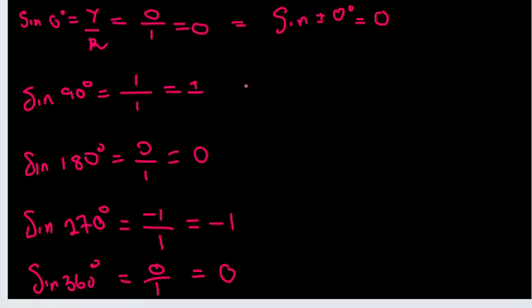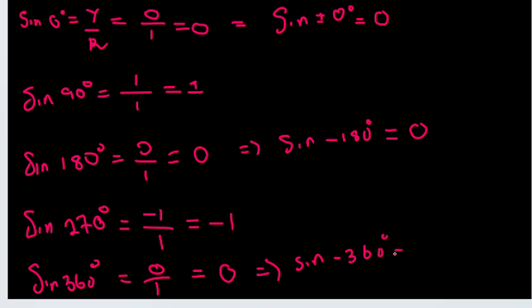And here also, if I'm having sine of negative 180 degrees, it is 0 regardless of the side. And sine of negative 360 degrees will be nothing but 0.